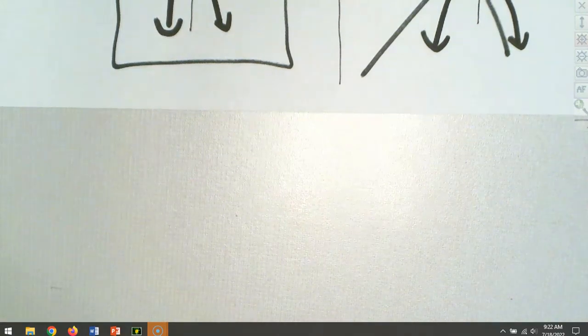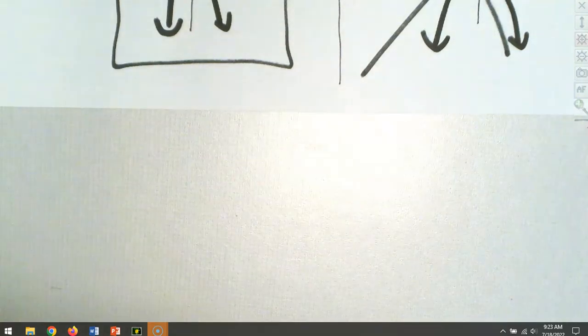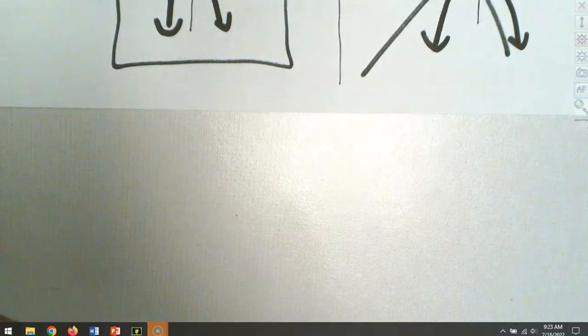Now, when we look at these, there are different types. There's direct variation, which we'll cover first. There is inverse variation, joint variation, and variation to a power. So we're going to first look at direct variation.